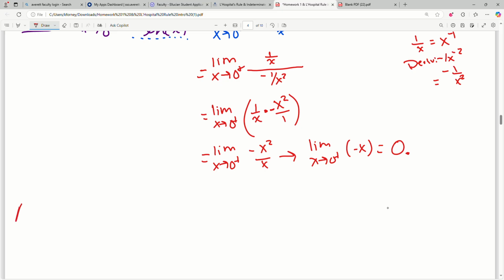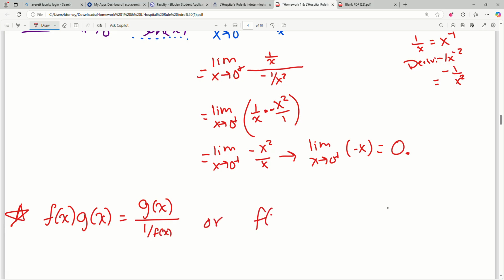So just like a note, if we have f of x times g of x, remember that could be written as g of x over 1 over f of x. Or we could even say that this is equal to f of x over 1 over g of x.